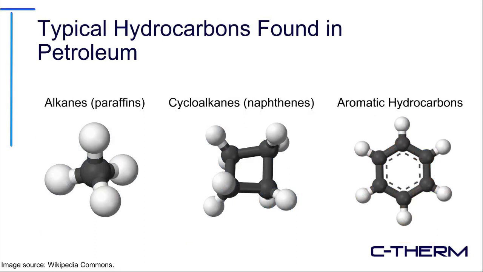As I mentioned, with hydrocarbons you can have different forms, whether they're in their singular branch forms, or alkanes, also referred to as paraffins. You can be looking at cycloalkanes or naphthenes. These are similar to the alkanes, except obviously they're cyclically bound, typically having a higher boiling point than some of the branch structures.